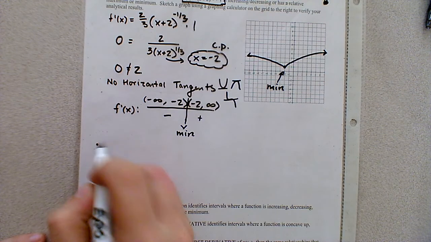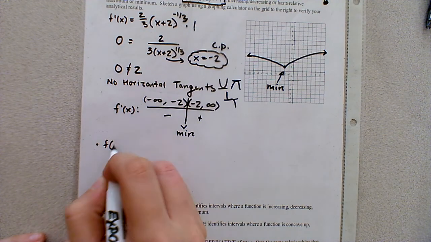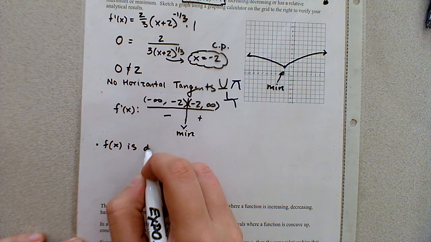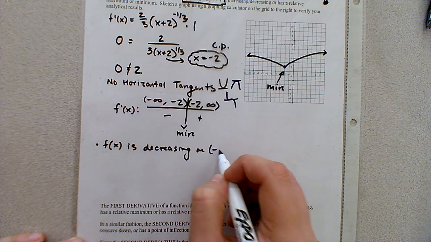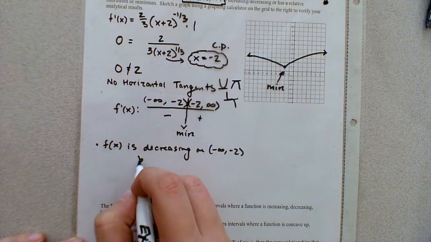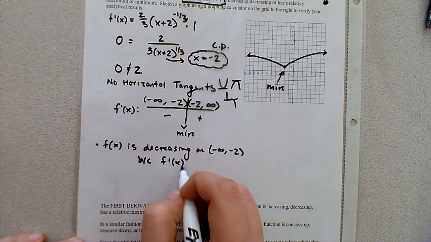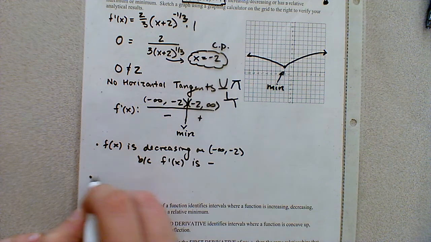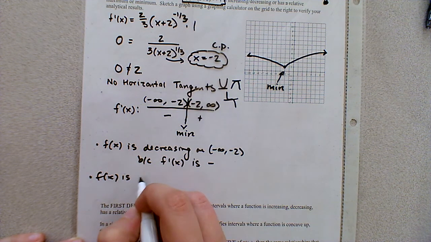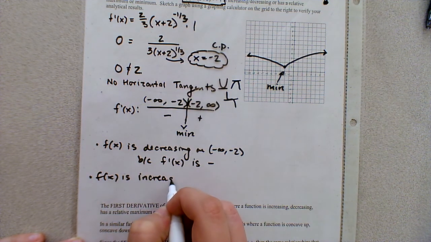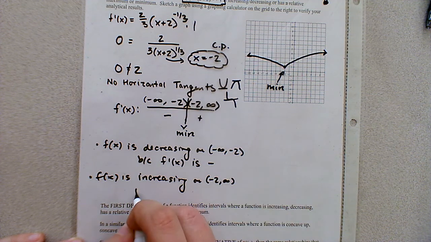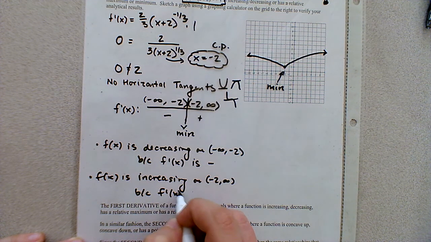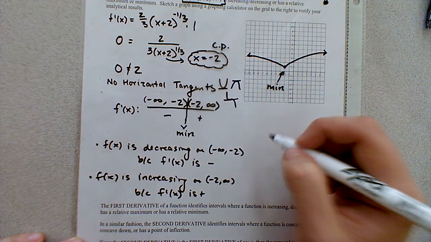Let's go ahead and write our descriptions based off of our sign chart here. So f of x is decreasing on negative infinity to negative 2, because the derivative is negative. f of x is increasing on -2 to infinity because the derivative is positive.